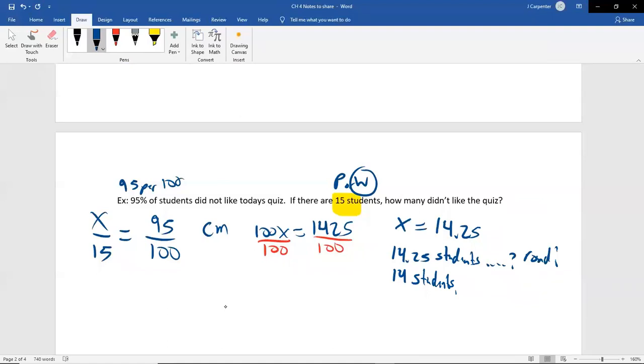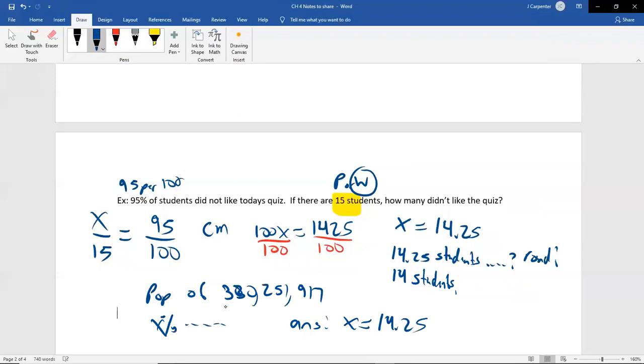Now, if I gave you a problem where I said, like, out of a population of 330,251,917, and then you had some percent, and then your answer was x is equal to 14.25, this is okay in this sense because we're talking about a very big population size.